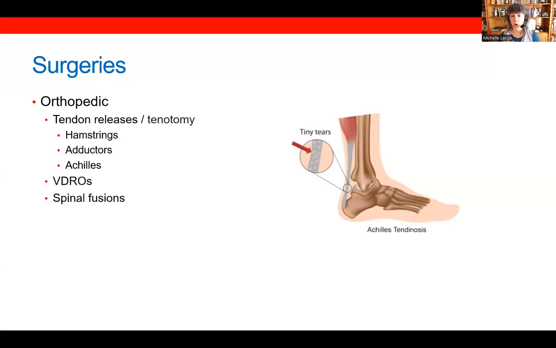And so the VDRO will do two things. It will take a very shallow hip socket and make it a little more aggressive. And the top of the femur, it will help angle that so that we have a better connection between the two. This is usually attached with hardware that may or may not be removed later.